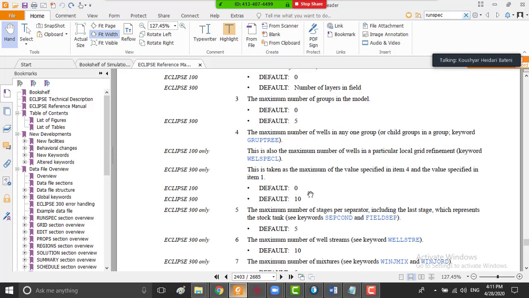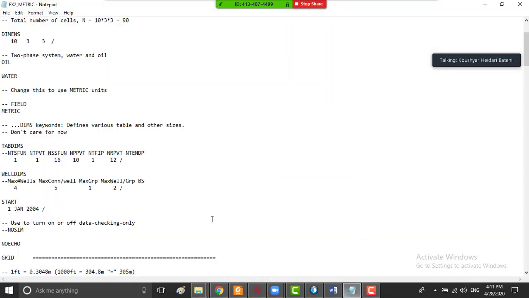So if in the data file you don't write the data for a specific field, the simulator is going to consider the default value for it.